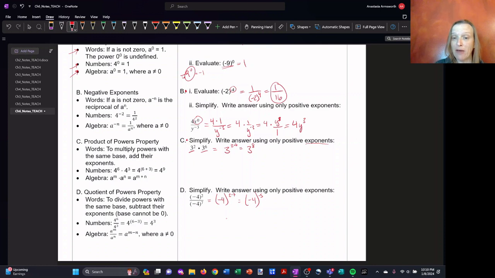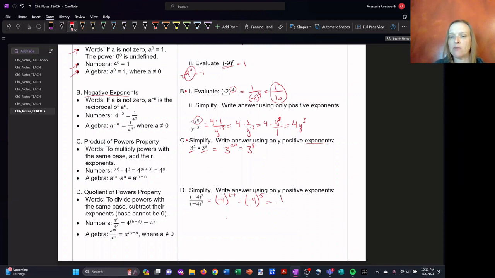Although what I've written here is mathematically correct, I haven't finished the problem, because writing things with negative exponents is generally considered incomplete. We were asked to write our simplification with positive exponents. So I need to think about my negative exponents rule that we did up above, and I need to flip the fraction for the value being raised to a negative exponent.